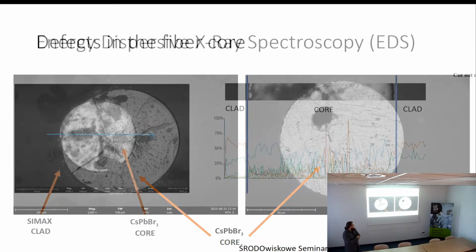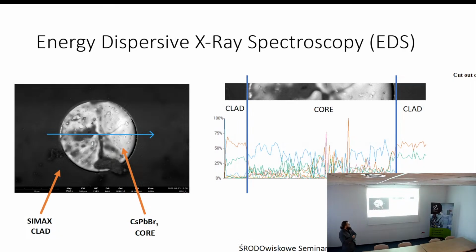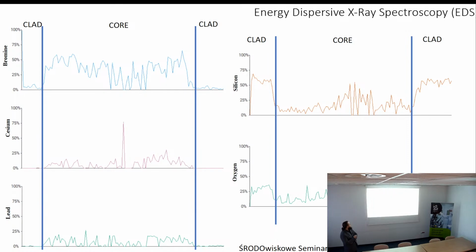And as I mentioned, we made the EDS. From this signal, we can notice that we also have some silicon and oxygen inside the core. So probably when the core is completely melted, we have some diffusion from the cladding.